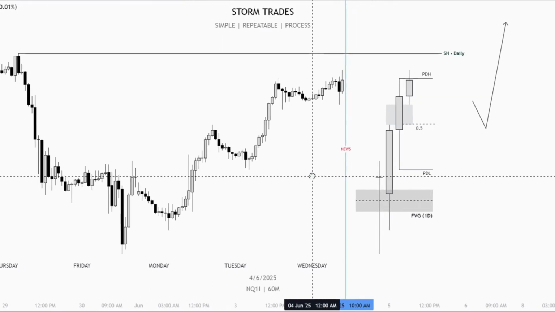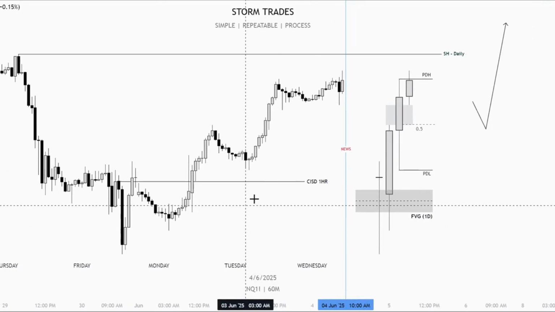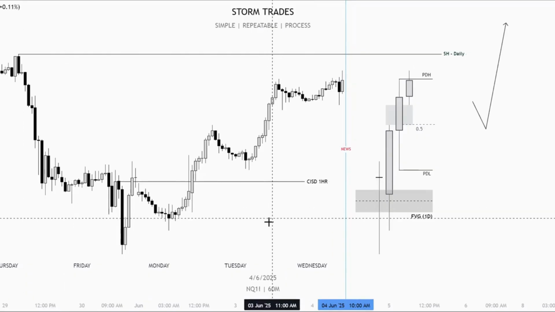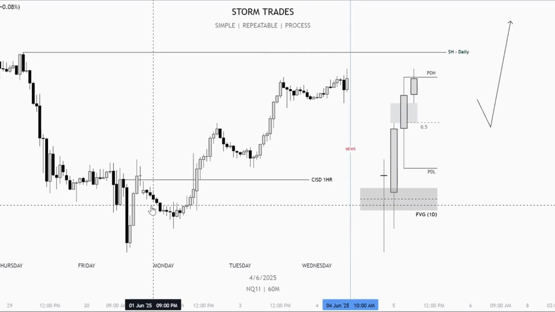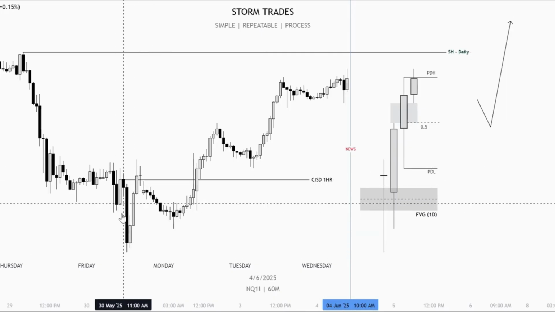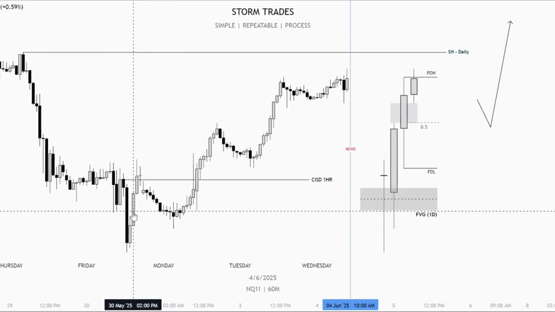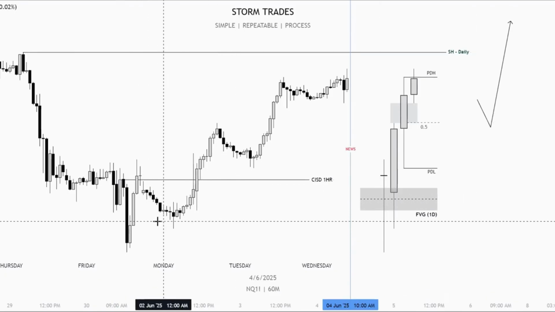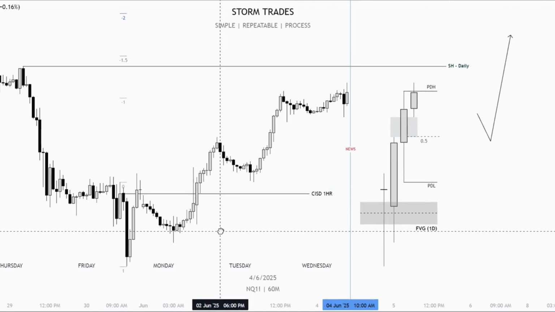This looks like higher prices on the hourly. I will make a note here of the change in the state of delivery. Now, whenever we have a clear change in the state of delivery, and that is demonstrated by this displacement through the change in state of delivery right here, we had a bullish hourly fair value gap there that was respected as we moved higher. I will run a fib.